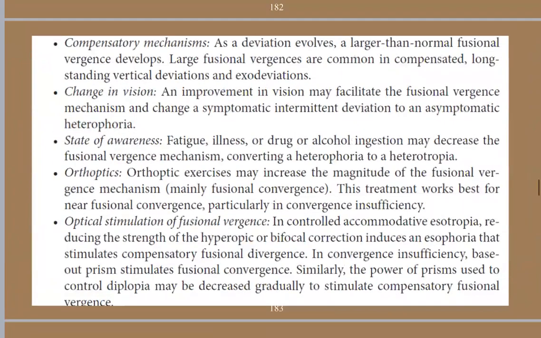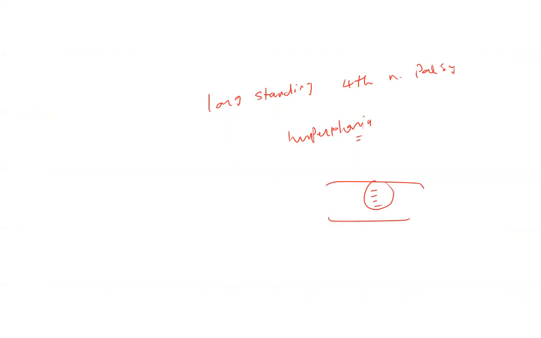Here, what are the factors that can affect the vergence power? I have the compensatory mechanism. If I have, for example, a long-standing case of fourth nerve palsy, this fourth nerve palsy will result in ipsilateral hyperforia. The eye will be deviated up, something like that. And this will result in diplopia. But in cases of long-standing hyperforia, I may have increased fusional vergences of this eye.